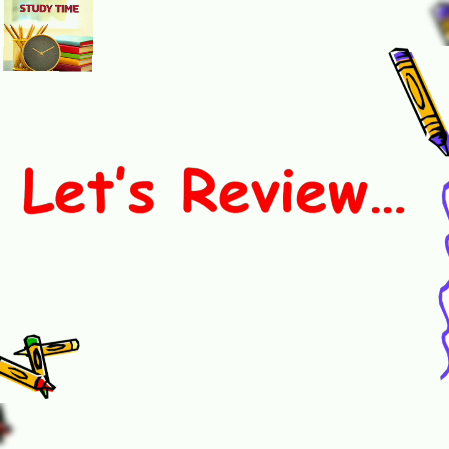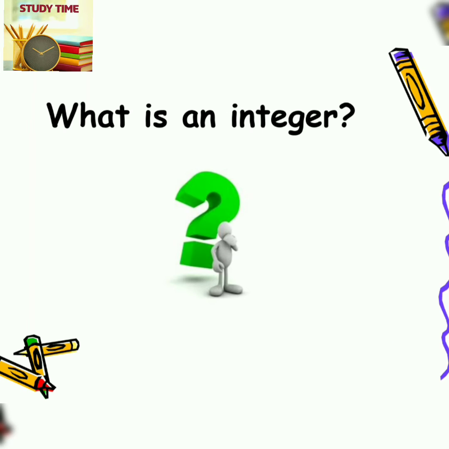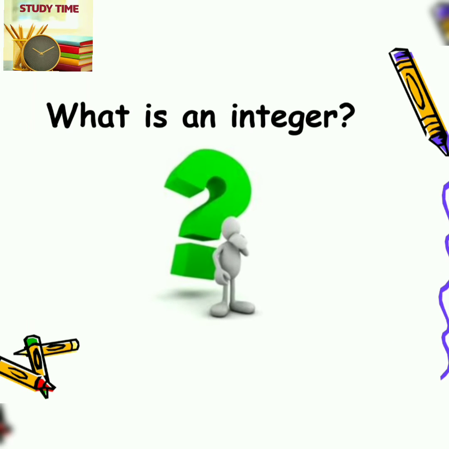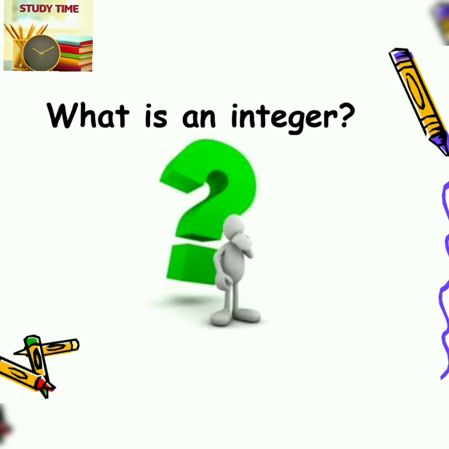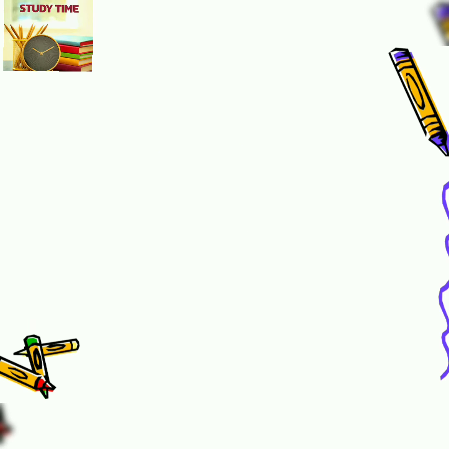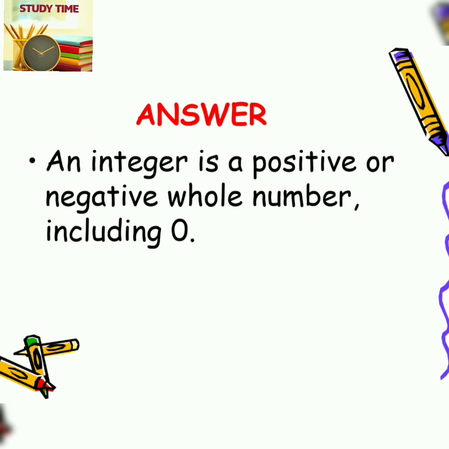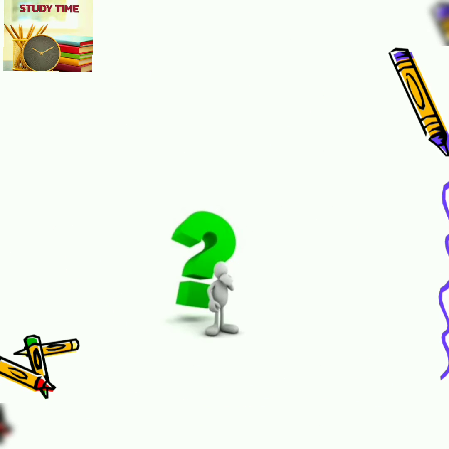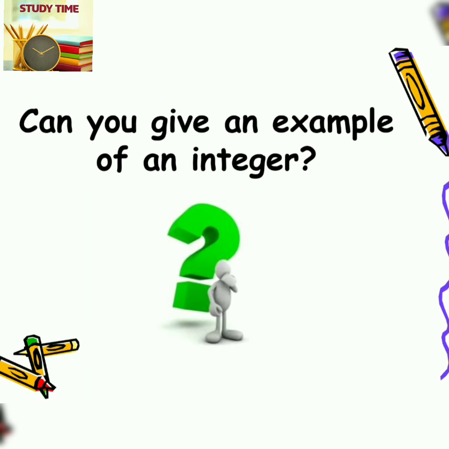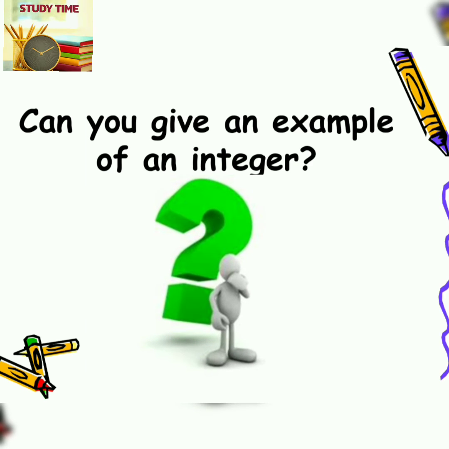Let's review what we have done today. First question, what is an integer? Answer, an integer is a positive or negative whole number including 0. Second question, can you give an example of an integer?